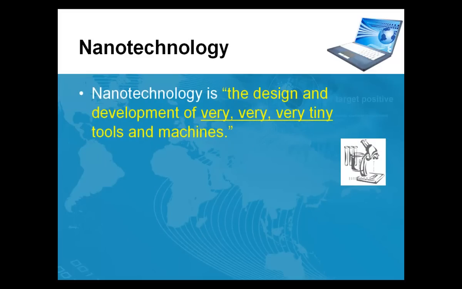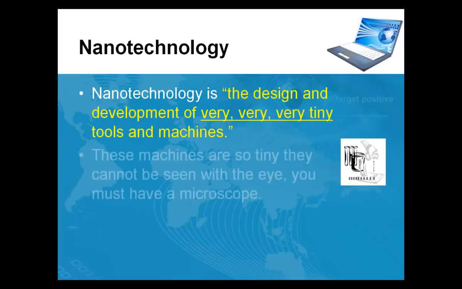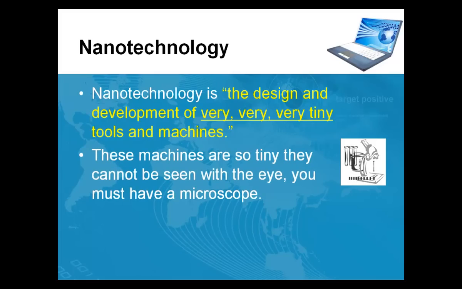Nanotechnology is defined as the design and development of very, very tiny tools and machines. And this is another brand new area in technology. It's just started in the last 5 to 10 years. Purdue University created a $90 million building about 5 years ago to study nano and biotechnology.